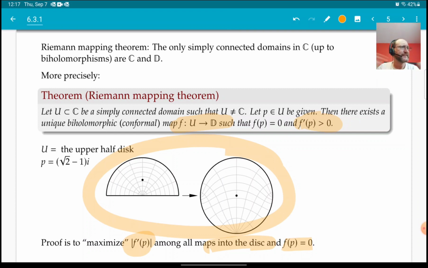You could think of maximizing the derivative as, if you want to get as far as possible in the disk, it's best to start by running as fast as you can. Having the largest derivative is going to spread out the image of f as much as possible. That's the intuitive reasoning behind why you would think this would work. And it does, but we have to prove that it does, of course.